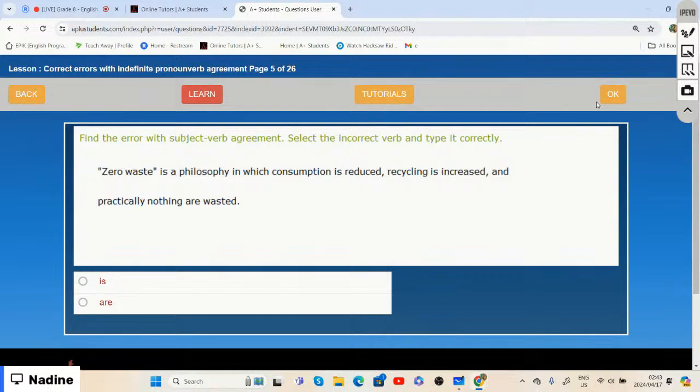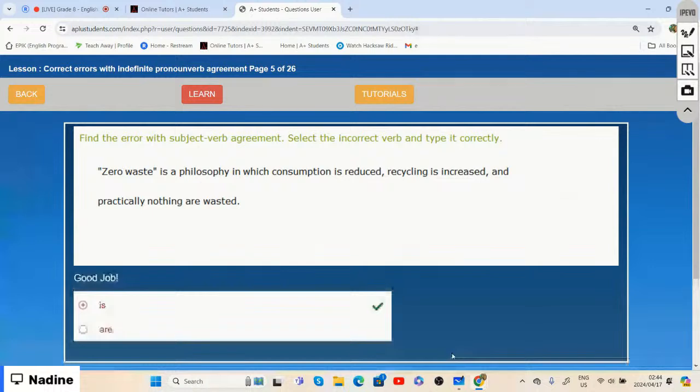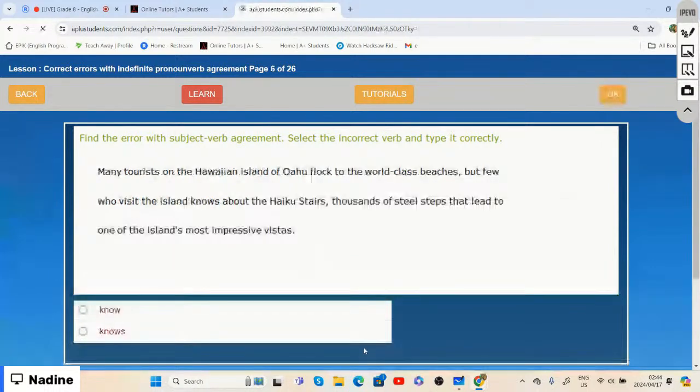All right, so we can say zero waste is a philosophy in which consumption is reduced, recycling is increased, and practically nothing is wasted, right? So is is correct.